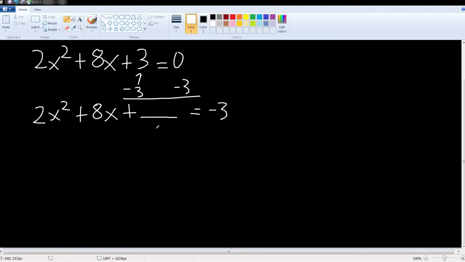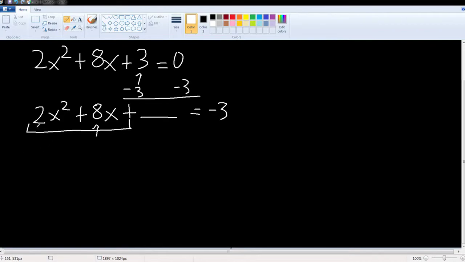So now to fill in this blank right here, we need to look at b, but there's something special about this equation. When we are completing the square, right, if the a value is not 1, meaning if it's negative 2, if it's anything besides 1, we need to divide and factor this left side of the equation by a.